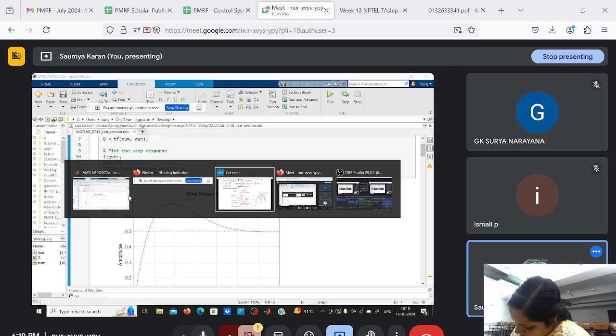How are breakaway points found out? You solve dK upon ds is equal to 0. Then you get the intersection on real. So we can write for real axis segments.